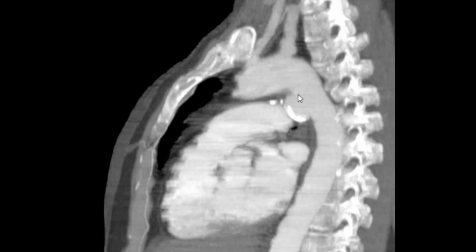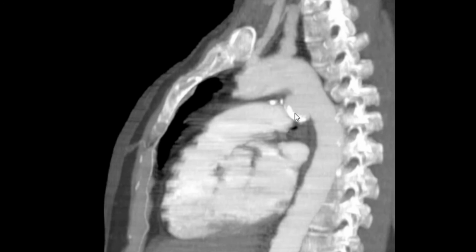But the reason you know that this is a ductus bump is because there's some calcification here without any significant calcification elsewhere. So calcification means it's chronic, and this is a ductus diverticulum, a normal variant.